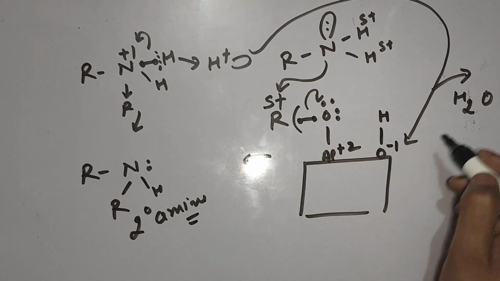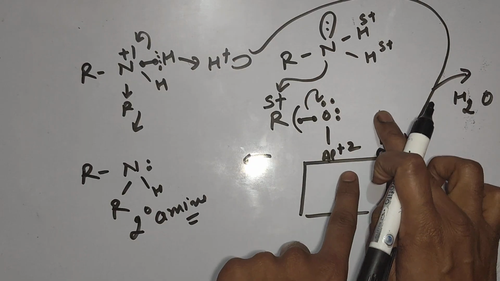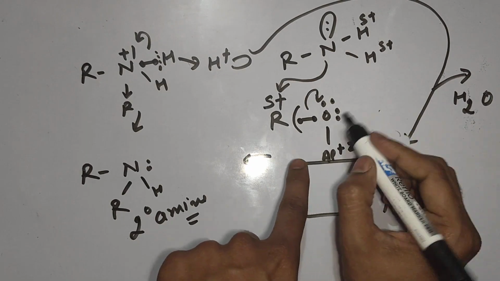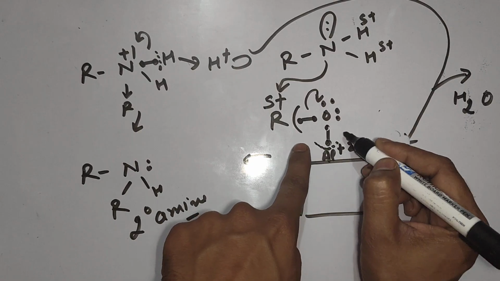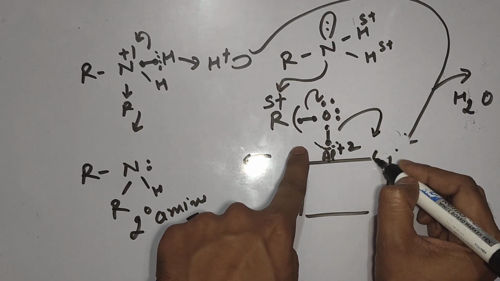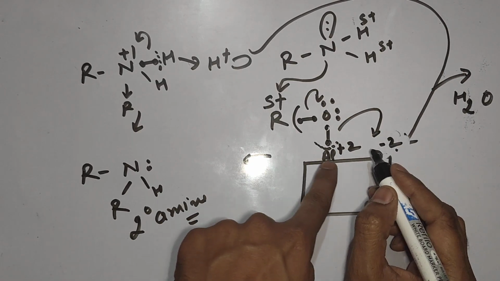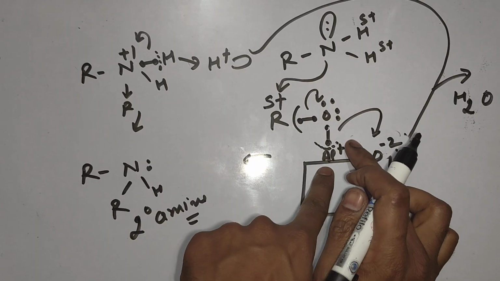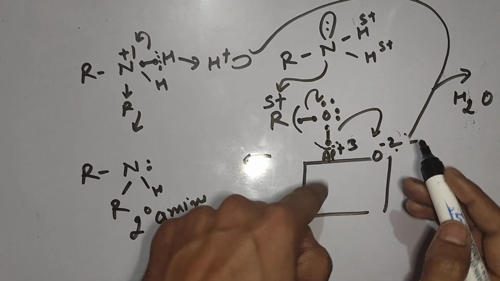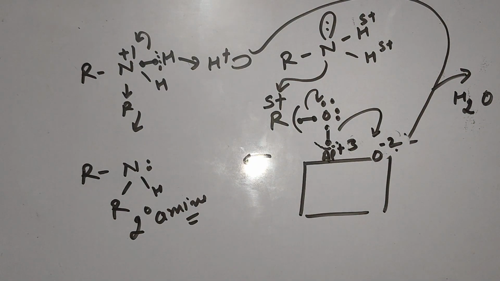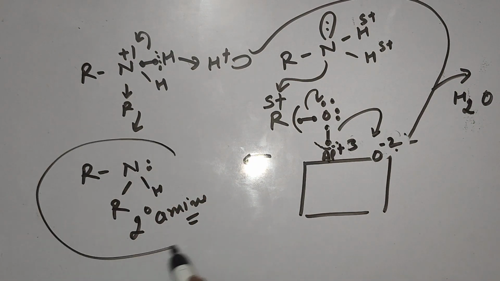And from here H2 will release, and a vacant site will generate, which will be filled by this oxygen, which will break the bond from aluminium and come here as O-2, due to which aluminium will again get +3 charge. So your catalyst will again be in its original form with the release of 2 degree amine.